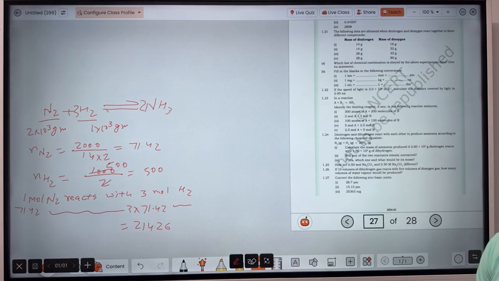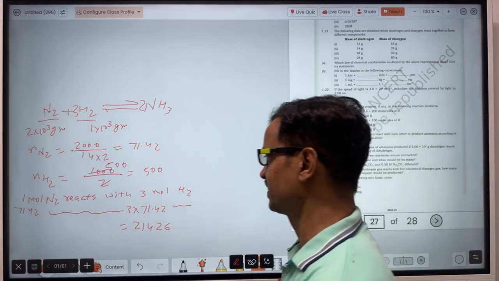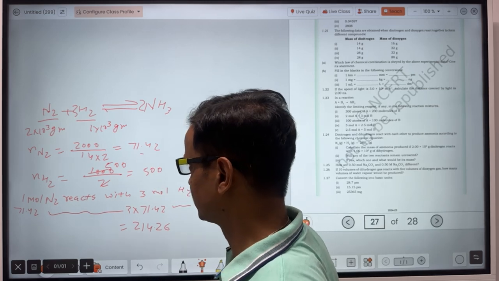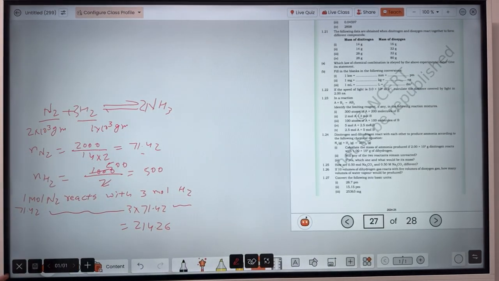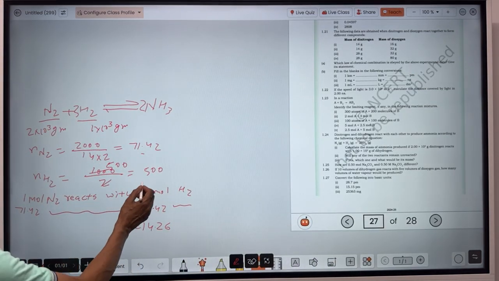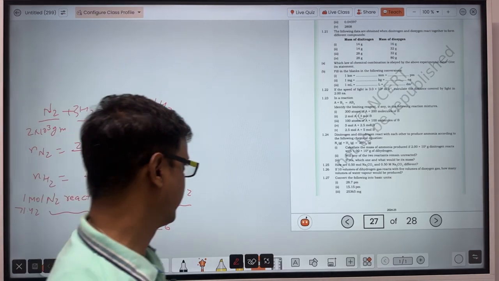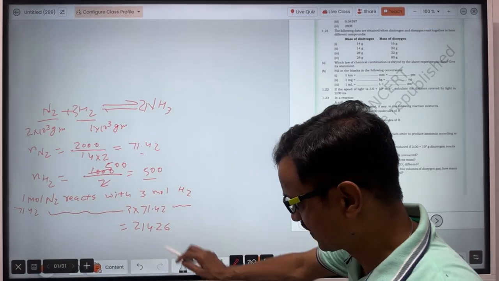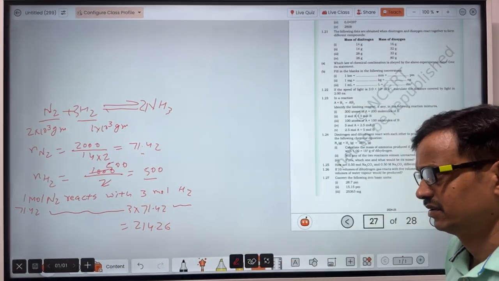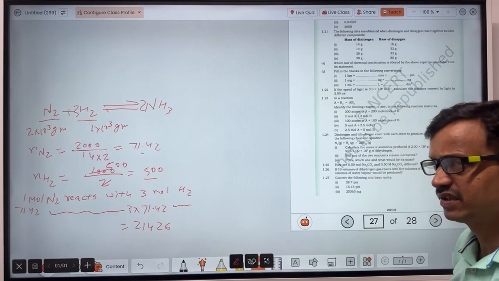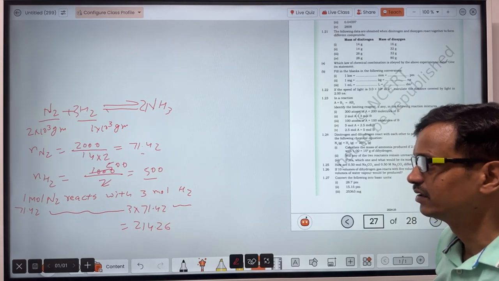The number of moles of hydrogen available is more than the number of moles of hydrogen required for the reaction. Number of moles of hydrogen available is 71.42. So the number of moles of hydrogen available is more than the number of moles of hydrogen required to react with nitrogen completely.